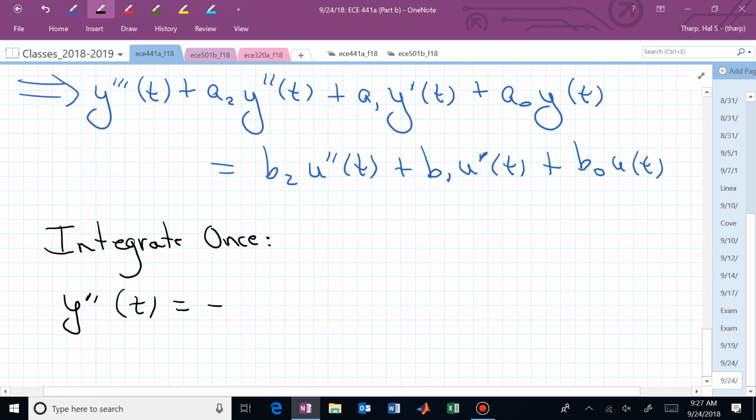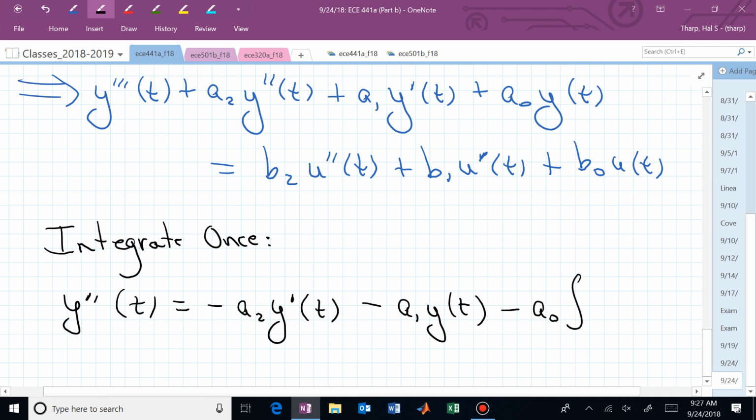I then have a minus a sub 2 y prime of t minus an a1 y of t minus an a sub 0 integral of y of tau, where tau is my variable of integration, 0 to t.